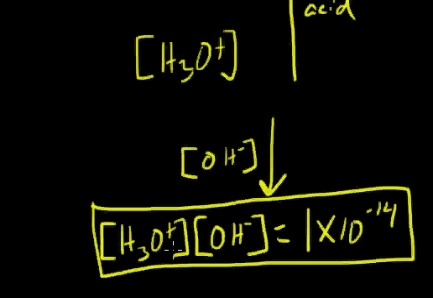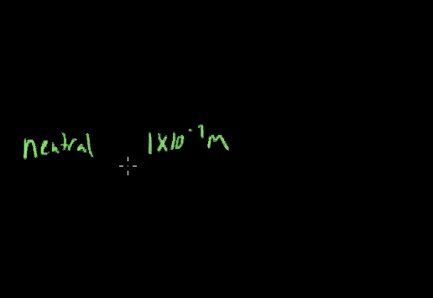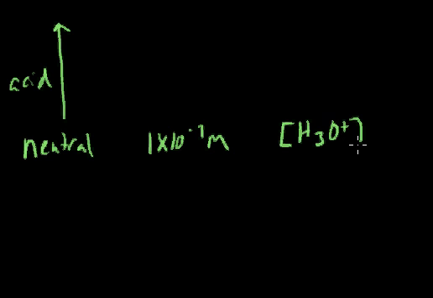So let's look at some numbers of hydronium concentration and hydroxide concentration as the acid concentration increases and decreases. So for a neutral substance, we said that the concentration of hydronium is 1 times 10 to the negative 7 molar. If we start adding acid, and we're going to increase our acid going this direction, if we add more and more acid, this concentration of hydronium, H3O positive, is going to increase.